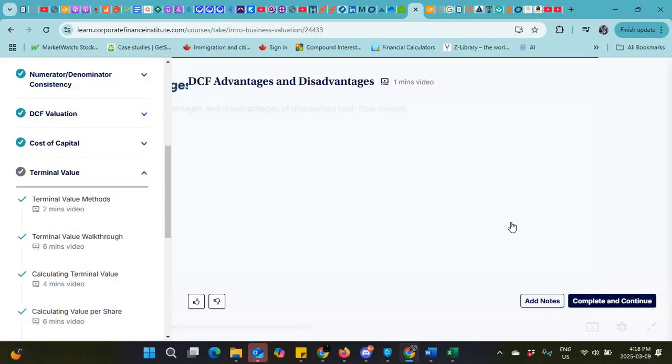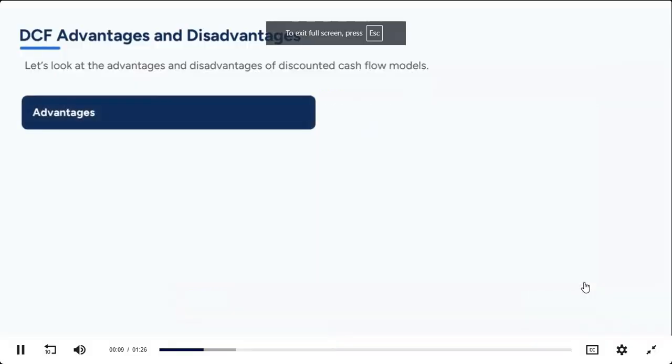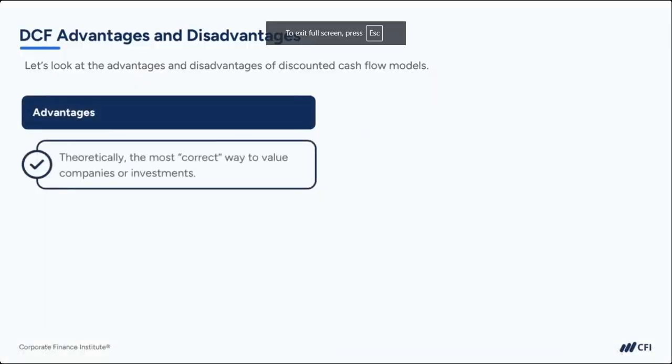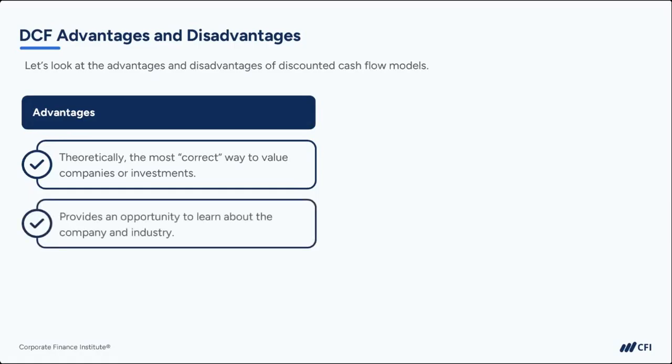Now let's take a look at some of the advantages and disadvantages of a DCF. Some advantages. Theoretically, the DCF is the most correct way to value companies or investments. Correct meaning that investments are only worth making if they eventually generate free cash flow. A DCF provides an opportunity to learn about the company and industry.